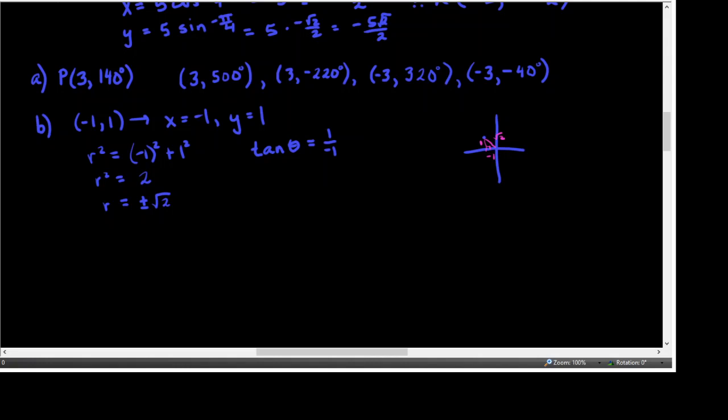And when you think about that, you go, oh yeah, I know the reference angle here is a 45-degree angle. And so what is the angle that goes from the x-axis around to over there? Well, it's 135 degrees.